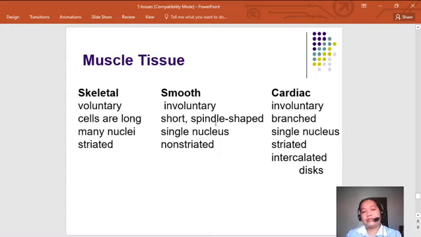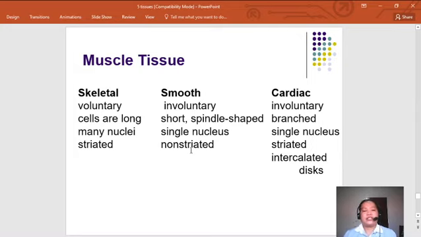In terms of number of nuclei, skeletal muscles have several nuclei in a cell, while the smooth has a single nucleus, like the cardiac muscle. In terms of arrangement, skeletal is striated, smooth is not striated, so the cells are parallel with each other or regularly arranged in layers, while the cardiac is striated but with intercalated discs.